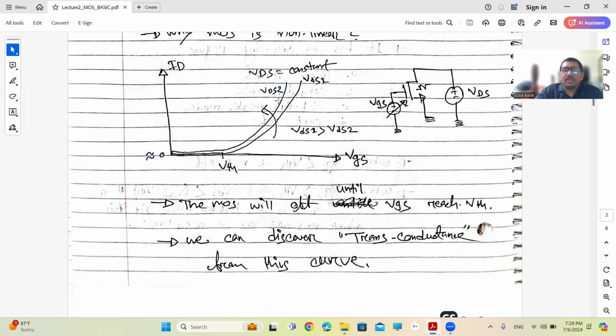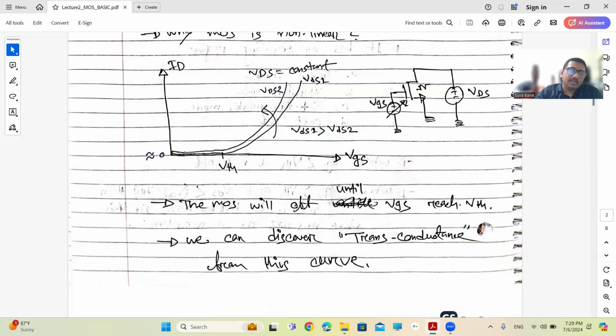But if my VDS increases, this curve turns left on the upper side. You can see in my curve here. Until VGS reaches the VTH point, the MOS is off, and in practice some nanoampere current flows. But whenever my VGS is greater than VTH, meaning the MOS turns on, then there is a significant current flowing through my drain terminal.